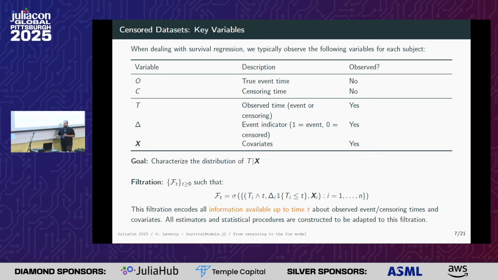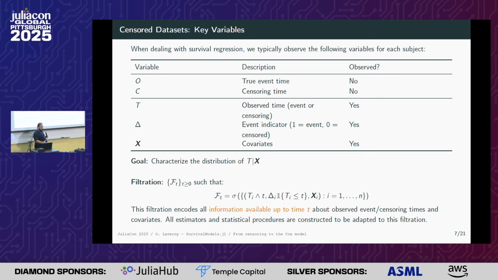It gives you a 1 if the person died, and a 0 if the person did not die at time T. And in fact, those things are constructed from underlying times. There is a true survival time O that we don't observe, and a censoring time C, and T is basically the minimum between the two, and delta is the indicator that T equals O. And on top of that, we have some covariates X that are given, and the goal is, of course, to characterize the distribution of T given X without taking into account the nuisance that is the censoring, the nuisance from C. So we have some kind of filtration going on. Across time, we have more and more information coming in.